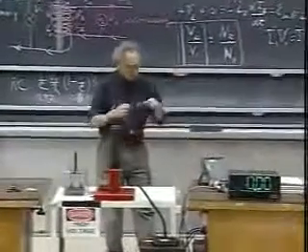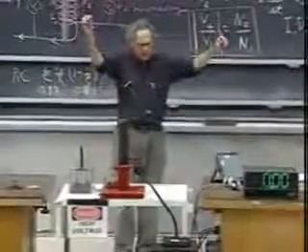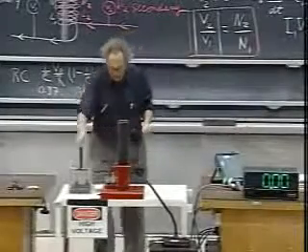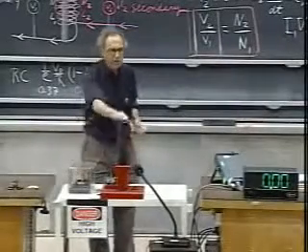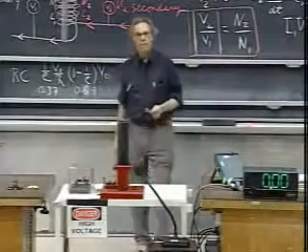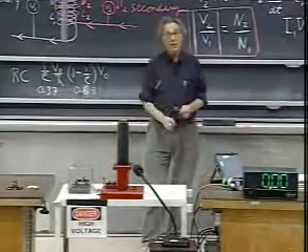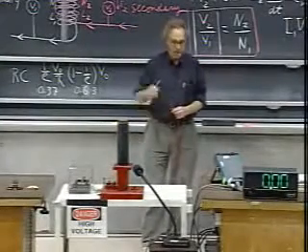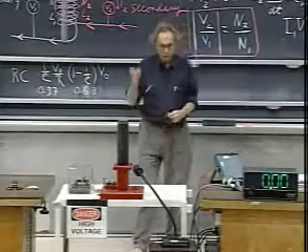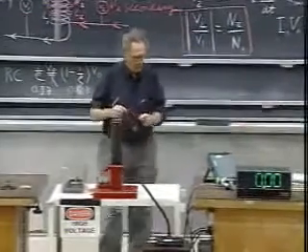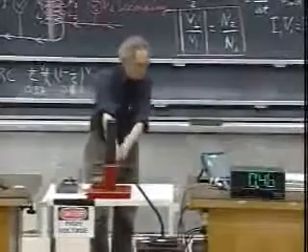So I'm going to put one, this is a very long wire, I'm going to put one loop around there. I'm now powering this solenoid. There's an iron core in there. 60 hertz, 110 volts. And there we go. One loop around it.